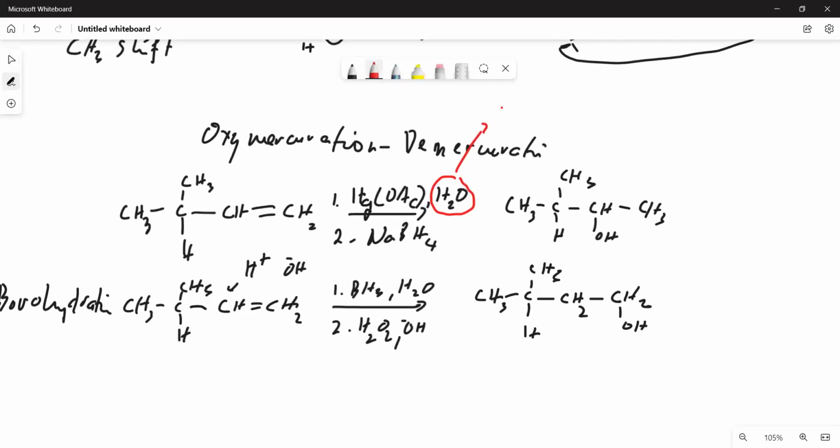Now, supposing you use methanol, your nucleophile is the methoxy. So you will end up with an ether product, okay, instead of alcohol. There is no rearrangement again, but this will be OCH3. Okay, instead of alcohol, you have ether.